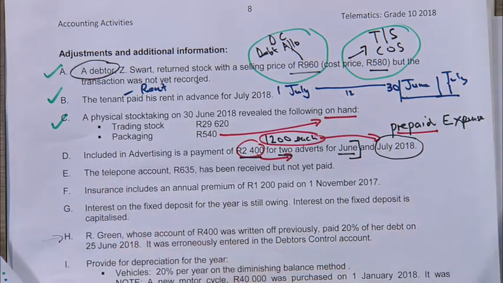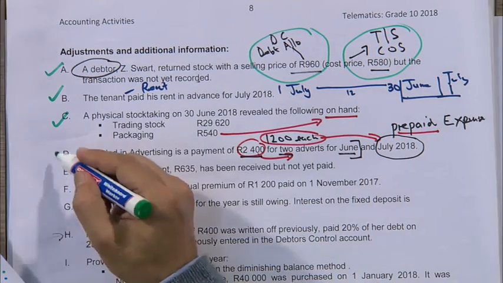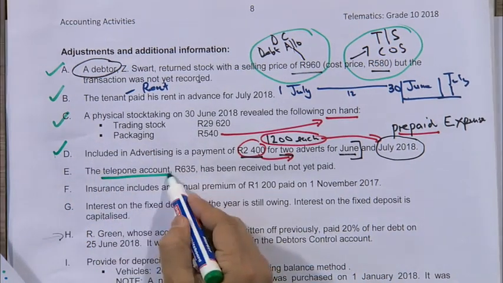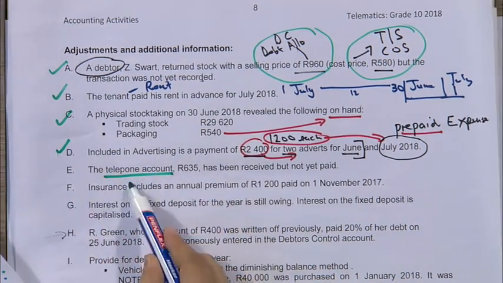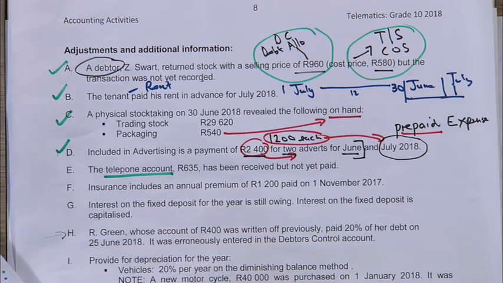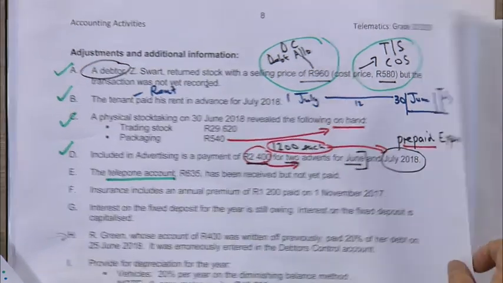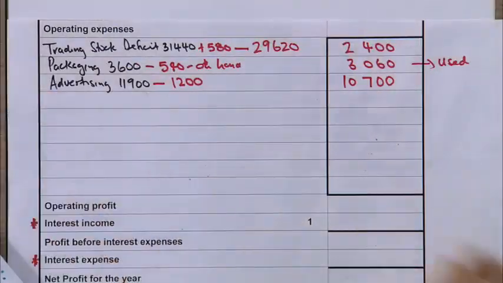E talks about telephone. So telephone is an expense, so I just have to go to my income statement quickly and write down the telephone amount from the trial balance.